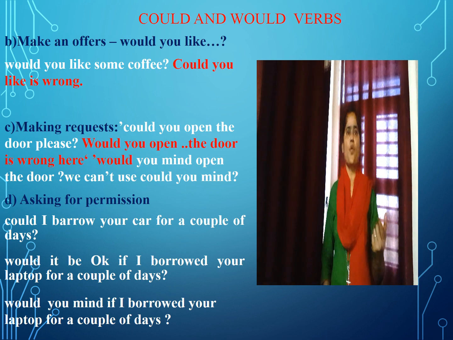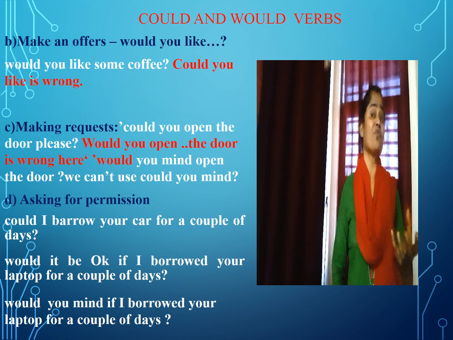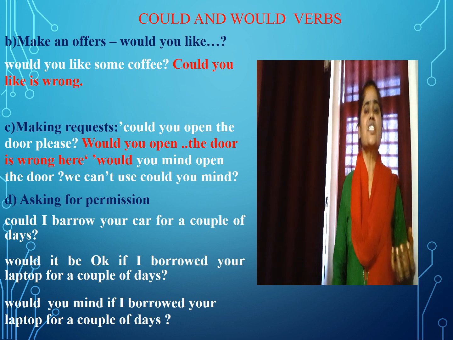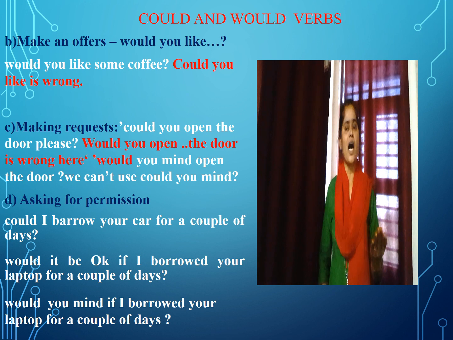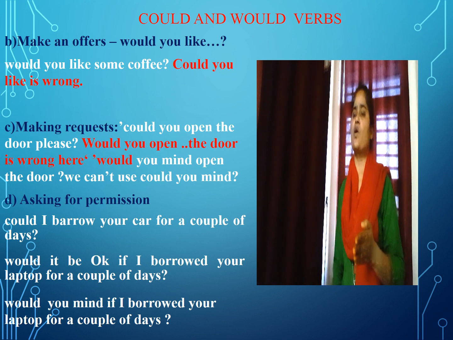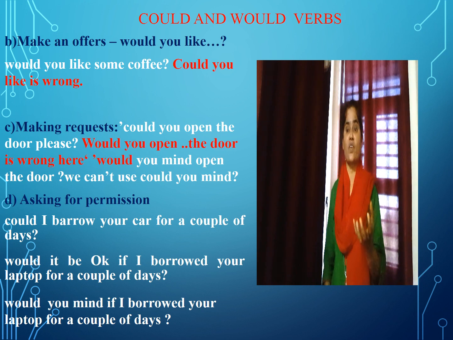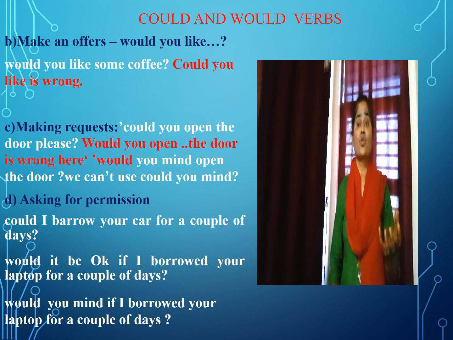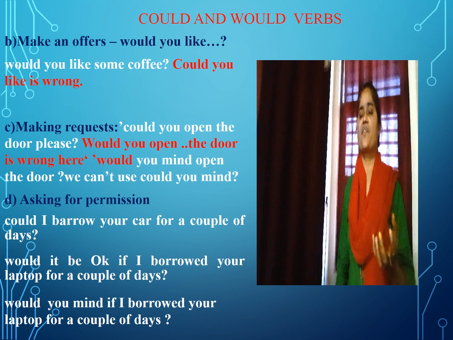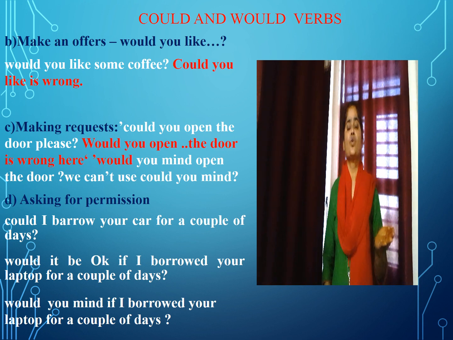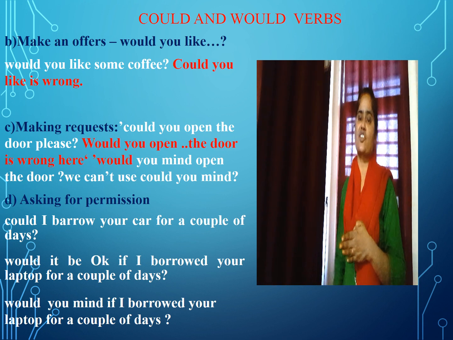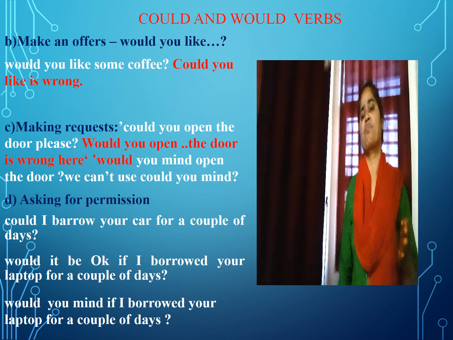Now let us move on to the fourth function, asking for permission. When we ask for permission, again there are expressions with both could and would. For example, could I borrow your laptop for a couple of days?